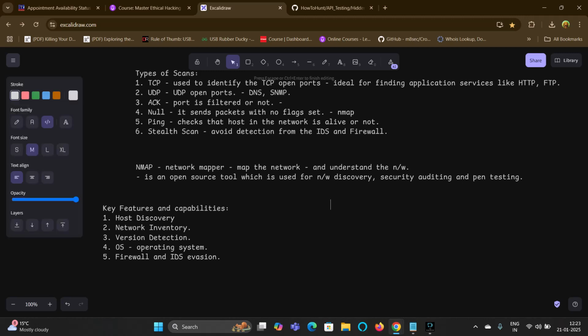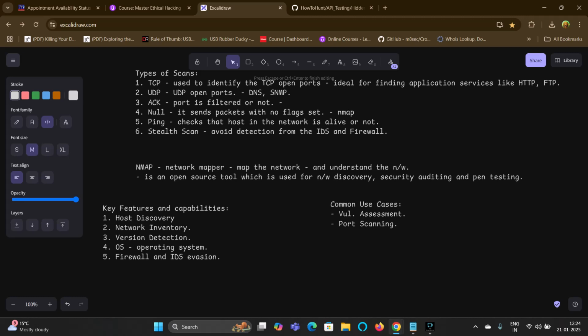Now, if we move on further, then come the common use cases. What are the common use cases where Nmap can be used? Number one, we can use Nmap for vulnerability assessment. Next, we can say network inventory again, or port scanning.